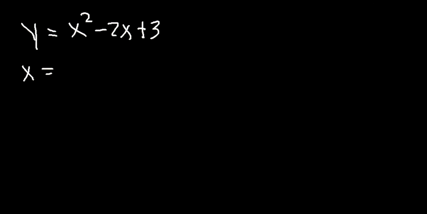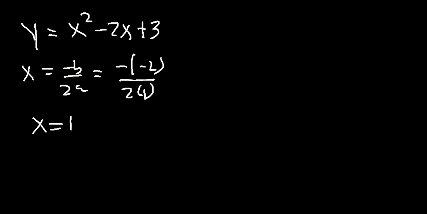But now let's say we don't want to make a table. Let's say you want to graph it a simpler way. So let's say you have y is equal to x squared minus 2x plus 3. Find the vertex as usual. It's -b over 2a. So it's -2 over 2 times 1. So therefore x is 1. Now you want to find the y-coordinate at that point.